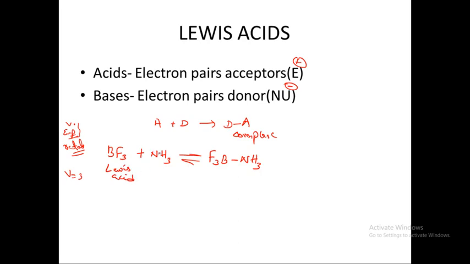Whereas in ammonia, the nitrogen has valence electron 5, 2 are free, it is a lone pair. Due to the lone pair, it behaves as an electron donor. So when the chemical reaction takes place, in boron trifluoride, the boron has Lewis acid ability because it has a vacant orbital, it is electron deficient, and has the ability to accept a pair of electrons in order to maintain the octet configuration.